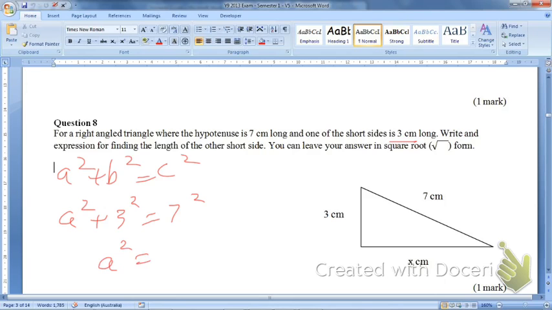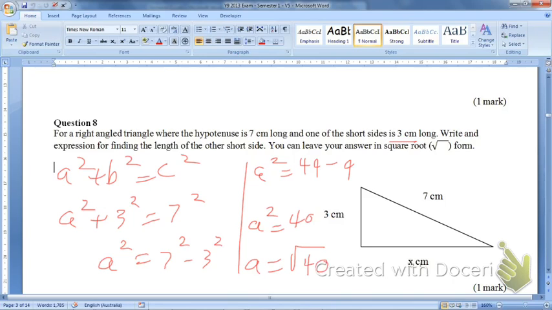A squared is 7 squared minus 3 squared. A squared is 49 minus 9. A squared is 40, so A is the square root of 40. Leave it there. Again, it's just what's the rule? Plug it in and leave it in square root form.